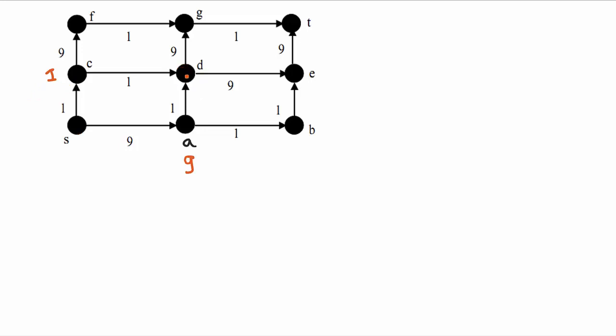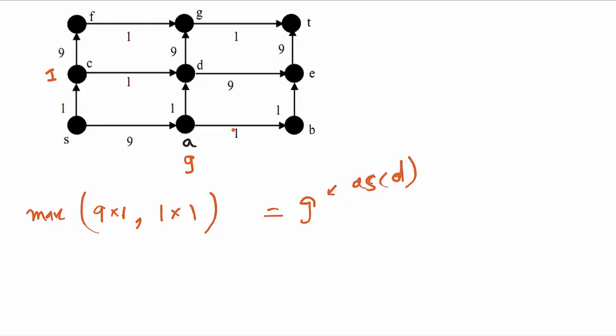Now, what about the quality score of D? The quality score of D will be the maximum of the quality score of A, which is 9, into this edge weight, which is 1, so 9 into 1, comma, the quality score of C, which is 1, into this edge width, which is 1. The maximum of this is nothing but 9. So the quality score of D is 9.